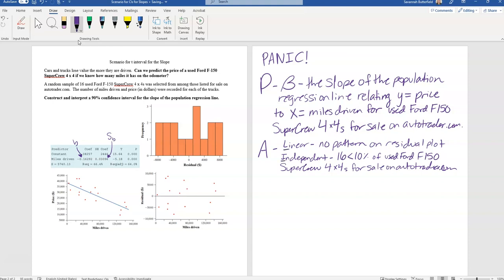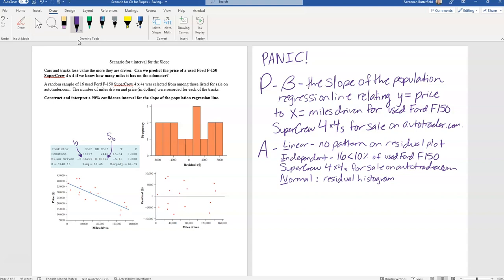Okay. So again, L-I, remember N stands for normal. And for normal, remember that's where we check the histogram. Histogram or dot plot, depending on which one they give you. Today they gave us the histogram. So we have to specify that it's the residual histogram. We can't just say histogram. Residual histogram. All right. And as far as I can tell, there's no strong skewness or outliers here.